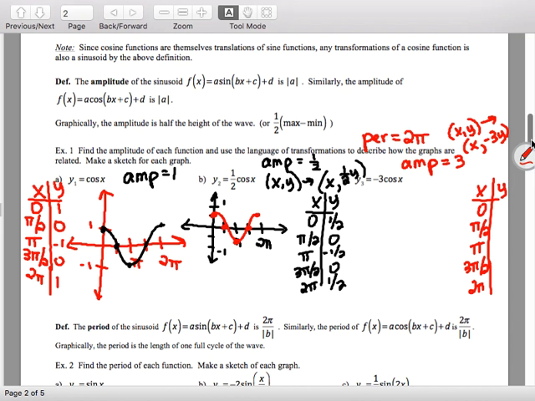But on this one, I'm going back to that parent function, and I'm going to multiply all the y values by negative 3. So it's negative 3, 0, positive 3, 0, negative 3. What does the negative do graphically? It flips it, okay? We can call that a reflection over the x-axis.